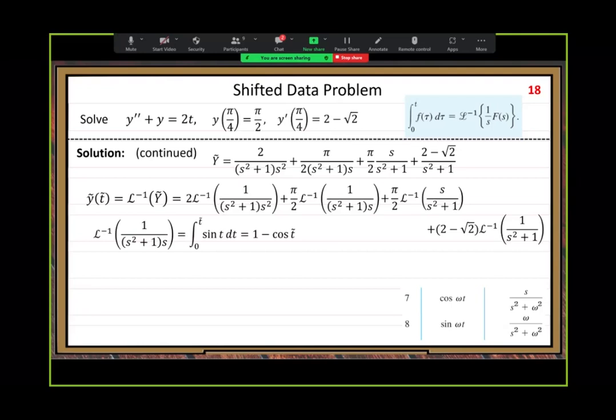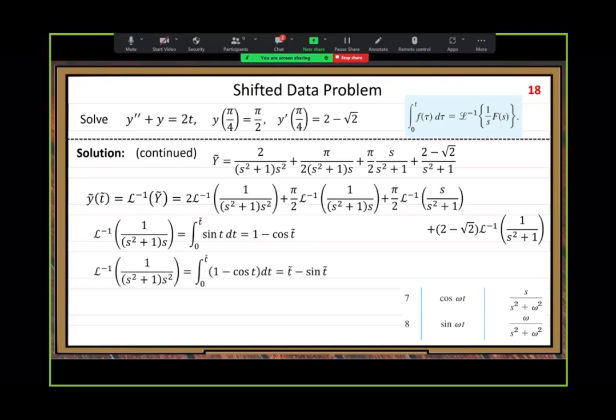So now let's calculate this inverse Laplace transform using this formula. Without the extra s, we can write a sine. With the extra s, we just take an extra integral, by that formula. So here we take the integral and we get that.